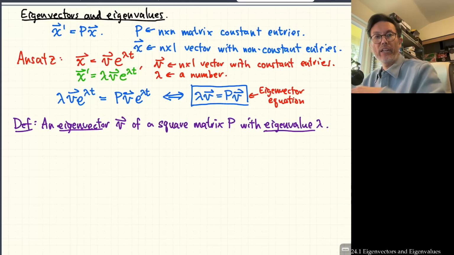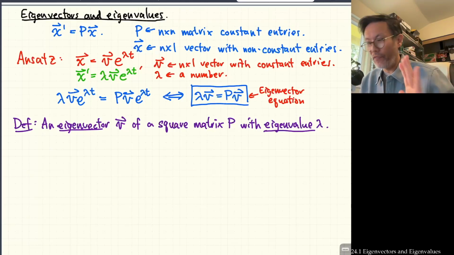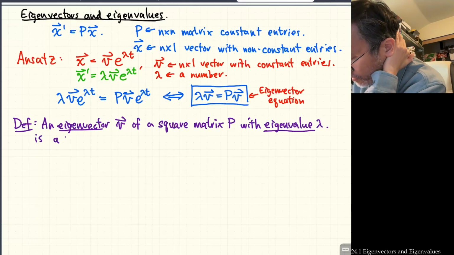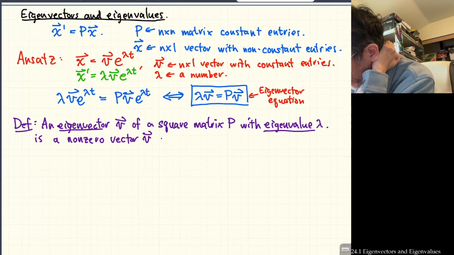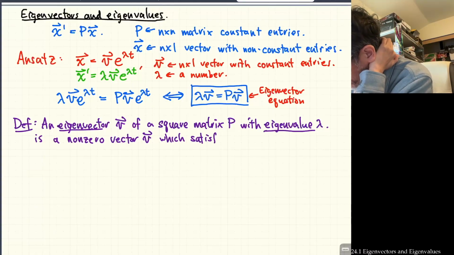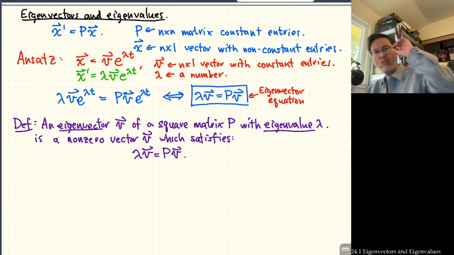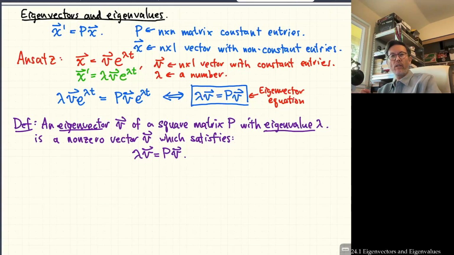An eigenvector is a non-zero vector, it has to be non-zero for important reasons, a non-zero vector v which satisfies the eigenvector equation: lambda v is equal to P times v.